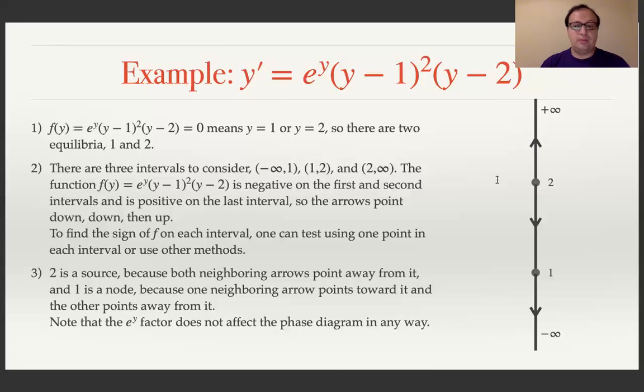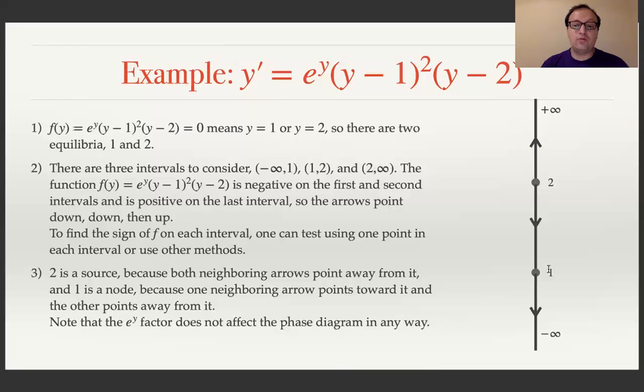So practically this means that if we start our problem with even a very small deviation of 2, so if our initial condition were y of, let's say, y of 10 is equal to 2.001 or 1.999, then the solution will very soon deviate from 2. So it will go away from 2.